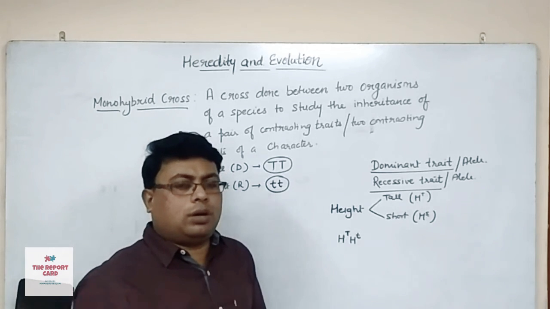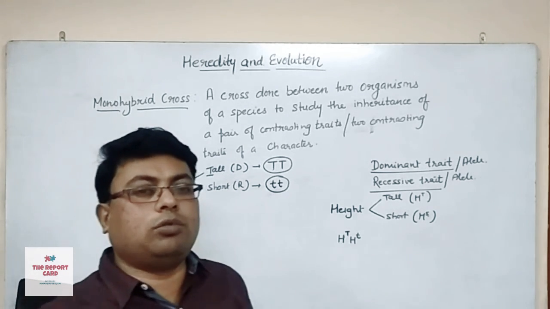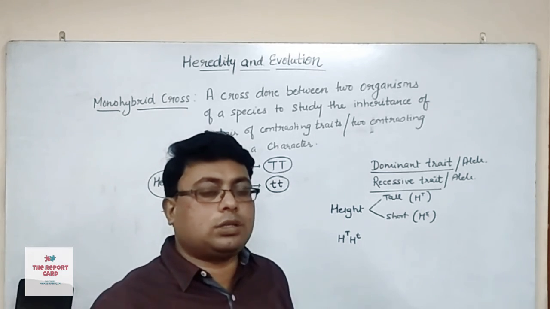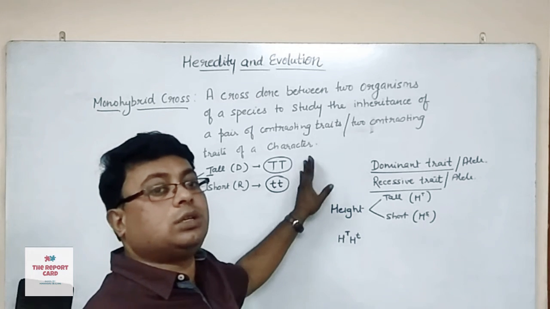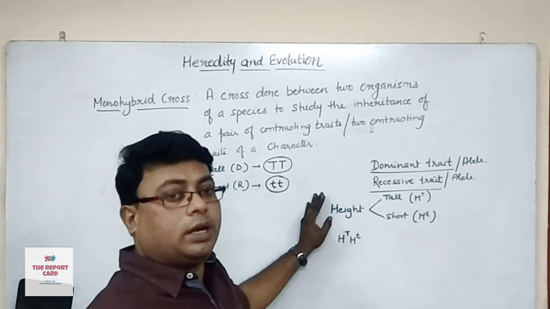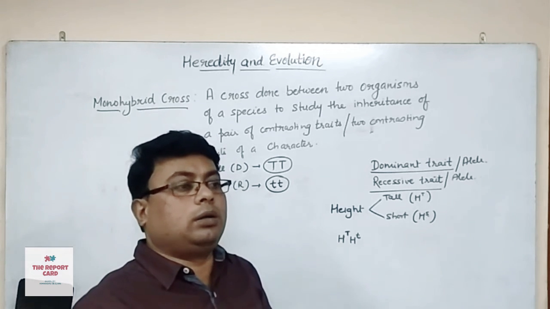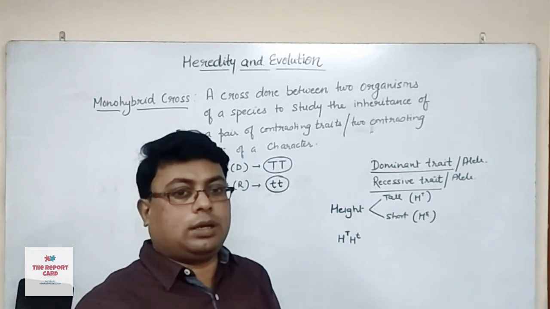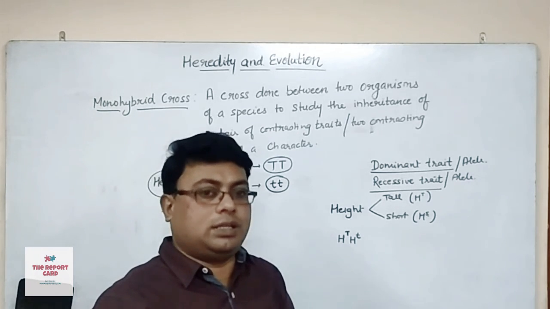Okay. So I don't know whether it is clear to you or not. So I will just move ahead with one or two more examples so that this becomes very clear. So once you know how to write the genotype for a particular trait, it becomes very easy for you to show the crossing, the genotypic depiction of the crossing very easy.